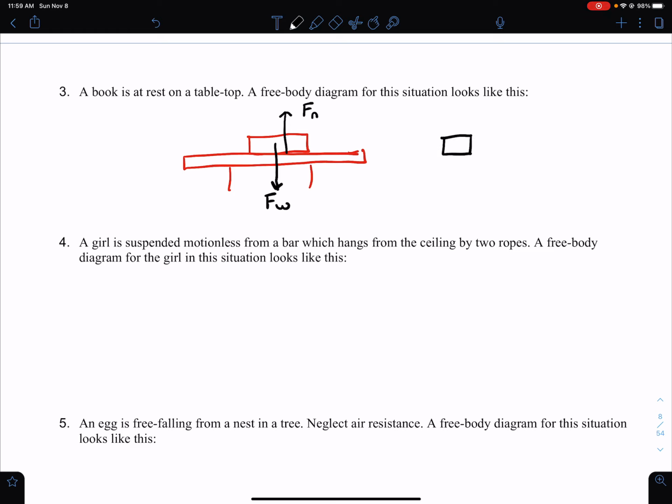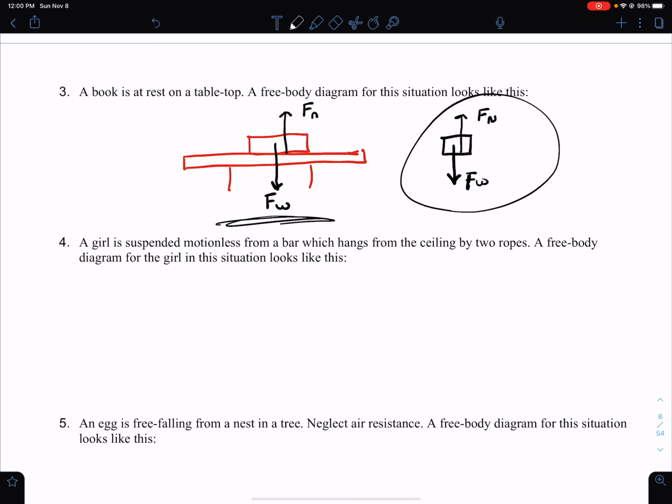Well, you'd have your box, you'd have your weight of the object, and then we would say that we would have the support force that would be acting upwards on it like this. All right, so this is what you'd want to have. If it helps you to draw out a diagram like I did right here, do it, but if not, you don't need to.